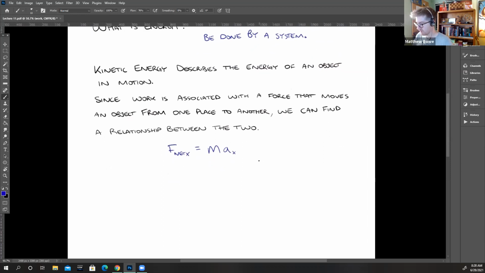So we can bring velocity into this equation. We can relate it to velocity. This is assuming that we have a constant acceleration.